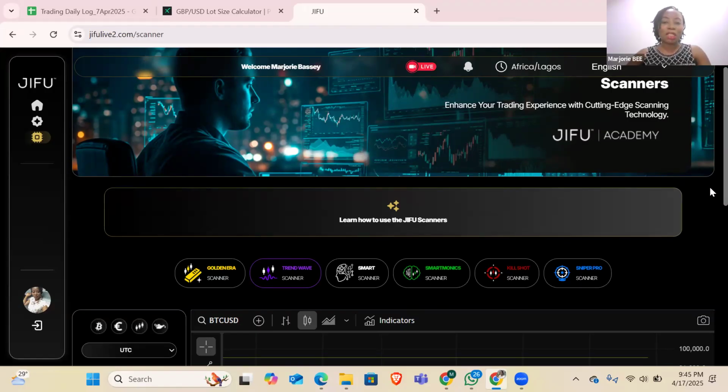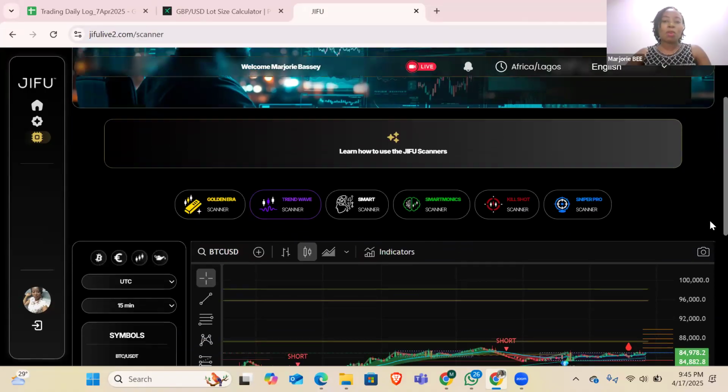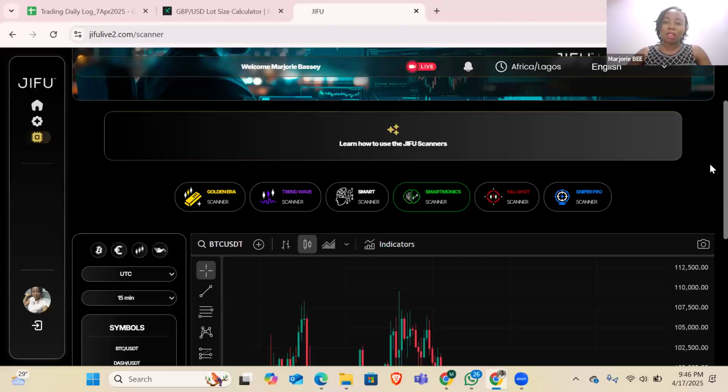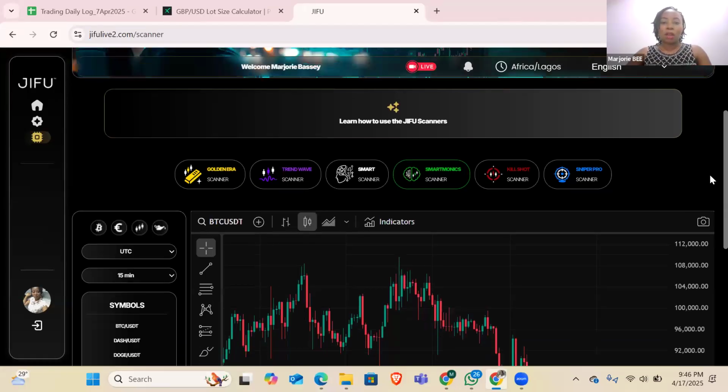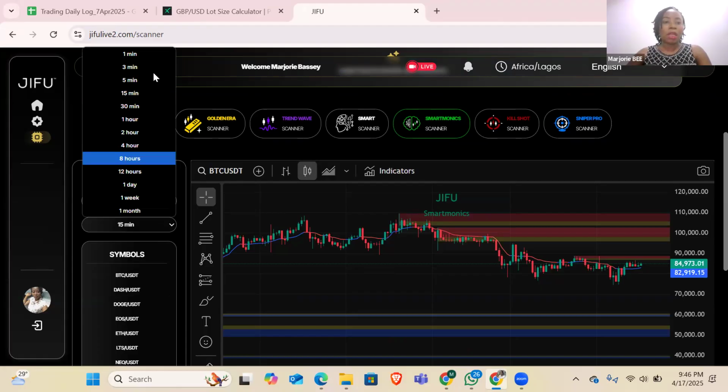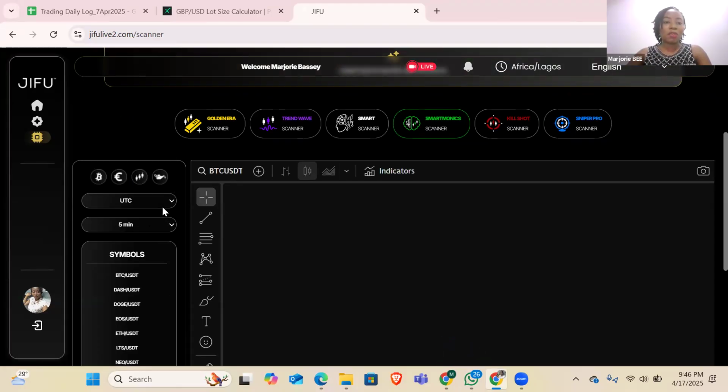They are all amazing scanners, but for the purpose of this meeting tonight, we are going to look at the Smart Monics scanner. So you click on it, and usually I notice it gives a default 15 minutes time frame, but let's start with the 5 minutes time frame.